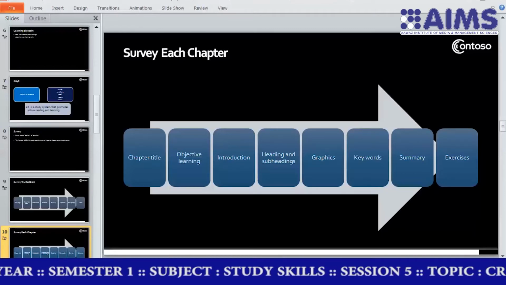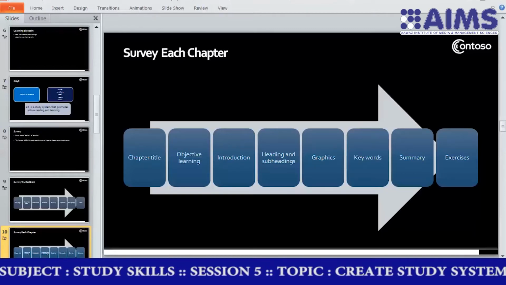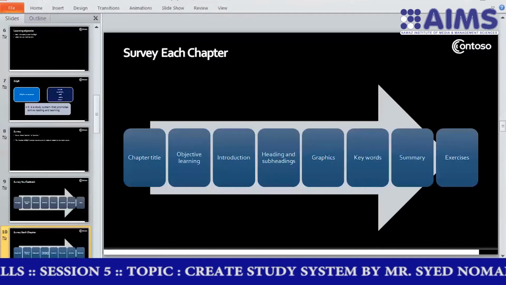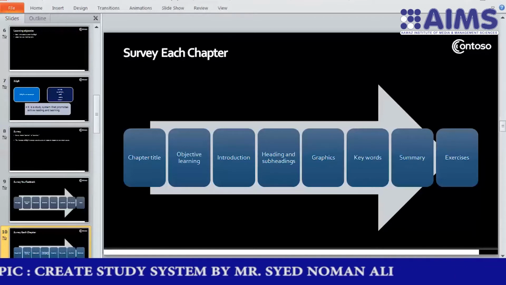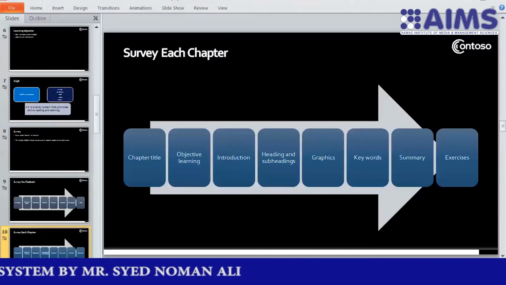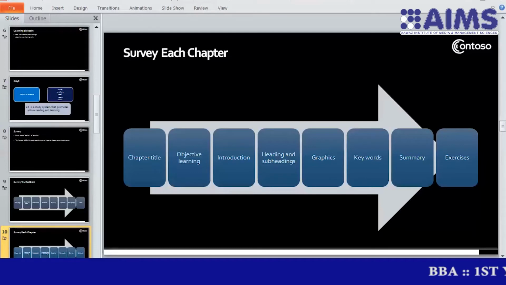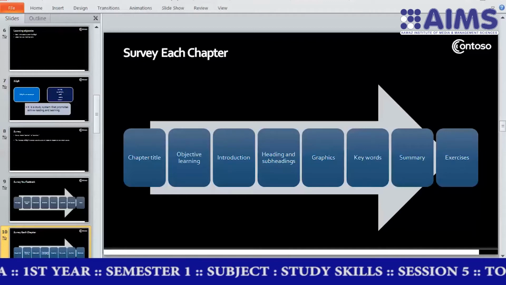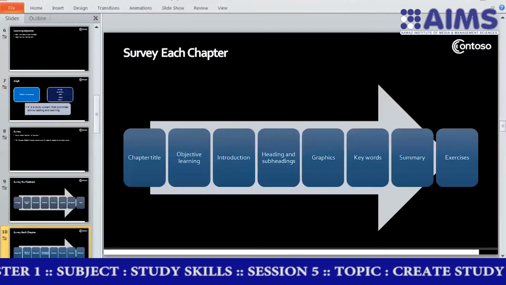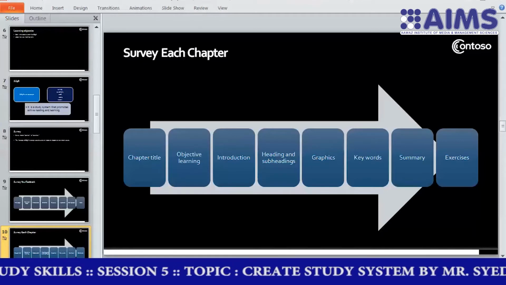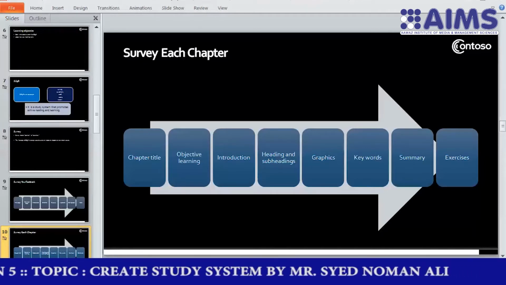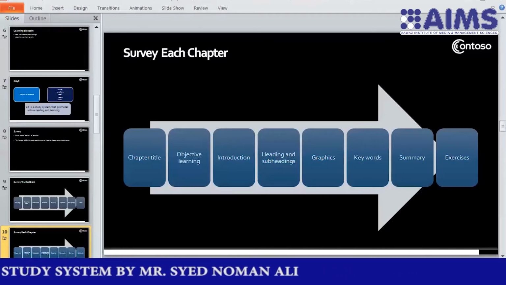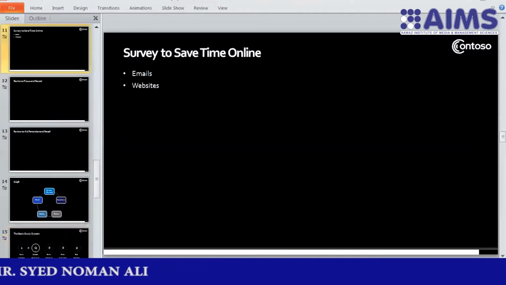If you are able to solve the activities and exercises mentioned in the chapter, it means you are evaluating yourself. If you would like to improve more, then go for reading again and memorizing, and keep understanding those concepts which you lack. So exercises and activities help you in recalling and reviewing the whole chapter and the main content.